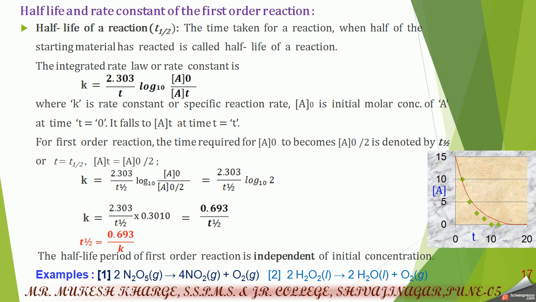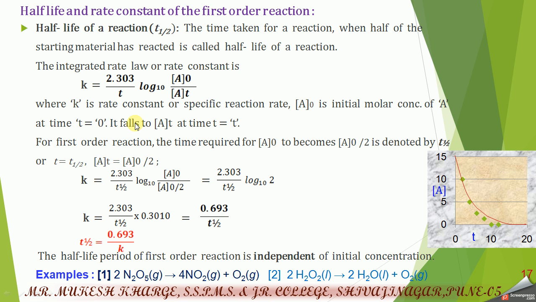So let us consider this graph. If we plot a graph of concentration of that reactant against time, let us suppose when time is 0, then the concentration of your reactant is 20. When it reaches 10, means half of that initial concentration of that reactant, then the time required to change from concentration of A equal to 20 to 10 is nothing but the half-life period.